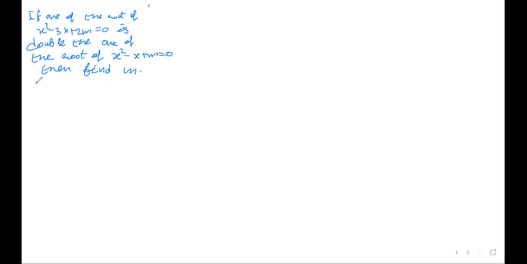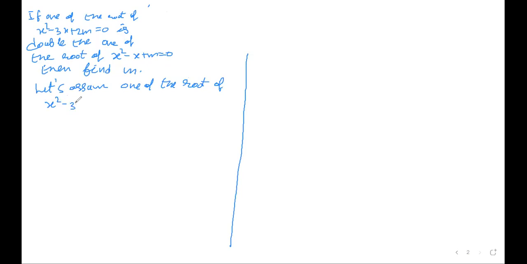So let's assume one of the roots of the first equation, x square minus 3x plus 2m equals 0, is alpha.